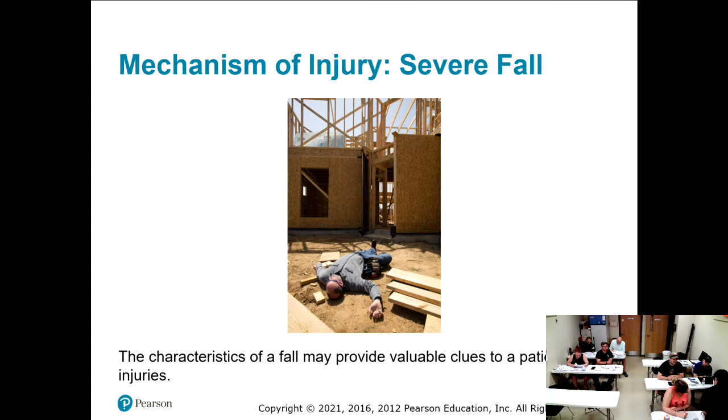So you get two here. You can get failure to find or appropriately manage problems associated with airway, breathing, and shock or hemorrhage, and then there's also perform other assessments before assessing and treating threats to airway, breathing, and circulation.